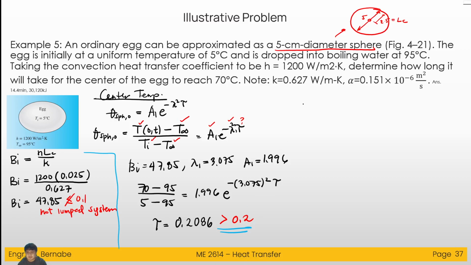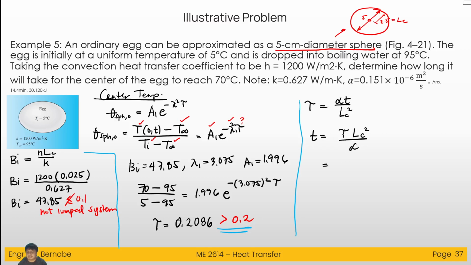Now to find the time, you know that tau is equal to alpha t over Lc squared. So we can solve for time. Time is equal to tau Lc squared over alpha.